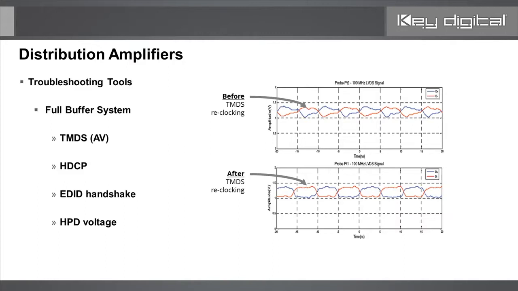And so we look at the top where the signal, you can make a circle from that open eye, but it may not be exactly clear. And that's when you can run into some digital sparkle on the screen, some lost pixels, right? So each and every device with the full buffer system reclocks that TMDS audio video signal so that you have a new open eye, a brand new signal, if you will. And that's what's helped boast KeyDigital's reliability over the years.